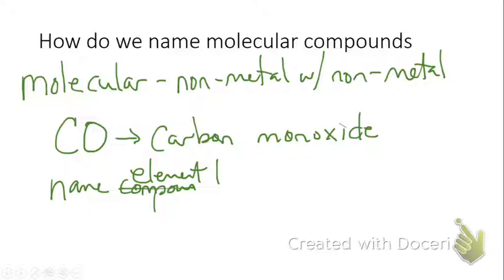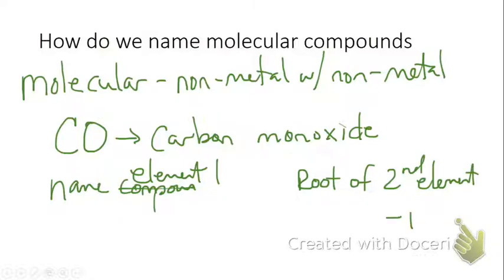And then what we do is we take the root of the second element and add "ide." But we don't stop there. We add a numerical prefix before each one. And so I know what you guys are thinking.